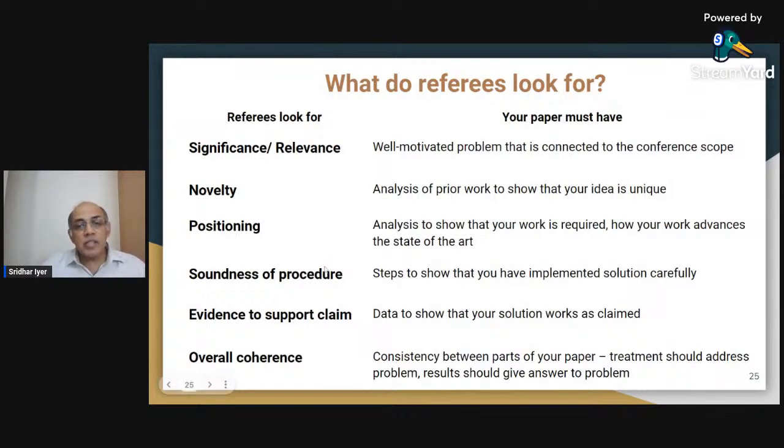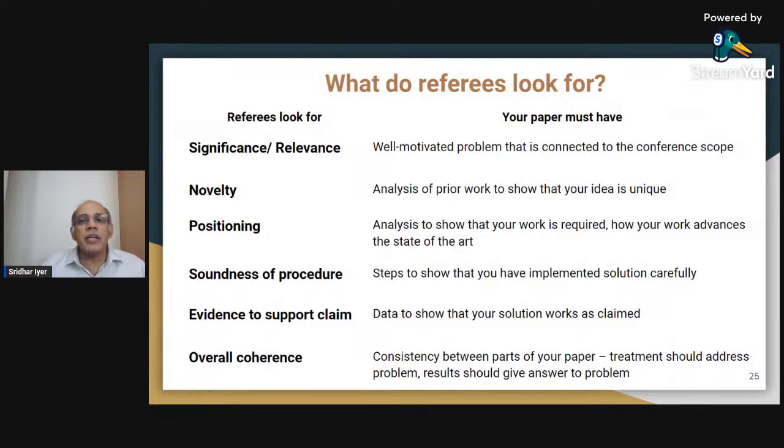Of course, there is soundness, which means that you have to show that you've done the thing carefully. There are no glaring lapses, and you have to have evidence to support the claim, where you generate data to show that your solution works. And overall, there has to be consistency. You cannot have a research paper which first states some goal X, but then what they actually do is address some other goal Y, and finally whatever data they have collected is actually for a third thing Z. That is a clear invitation to reject the paper.